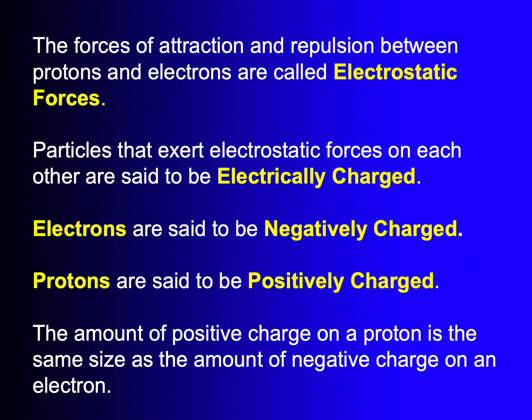So the forces of attraction here and repulsion, if they attract or repel, we call these now electrostatic forces. So we're used to forces in terms of mechanics. Now these forces are going to exist in terms of electricity. So they're electrostatic forces. If particles exert electrostatic forces on each other, they are charged and we call them electrically charged, alright? So electrons are always going to be negatively charged, protons are always going to be positively charged.